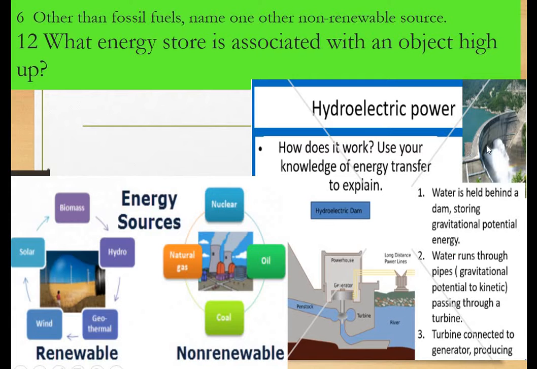So that water then will create a tremendous force, creating kinetic energy passing over turbines, which will start to rotate and turn from the force of the water, or the kinetic energy of the water, and the turbine will be connected to a generator to produce electricity.